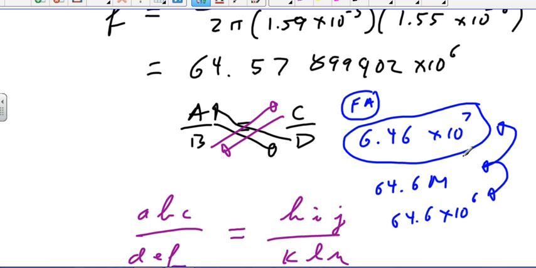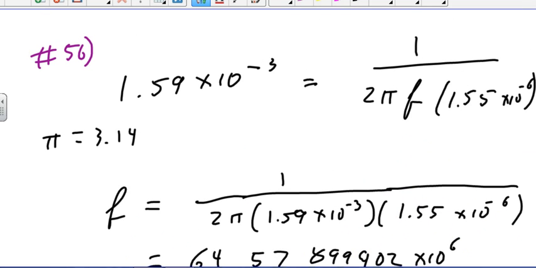So I'm going to do it one more time. I'm going to go back to the original problem and do it with numeric solve. Numeric solve, and I cleared both sides of the equation. 1.59 double E minus 3 equals 1 divided by parentheses 2 times pi times, in this case I'm going to put in an X for my variable because my calculator doesn't have an F. Stupid calculator, right?